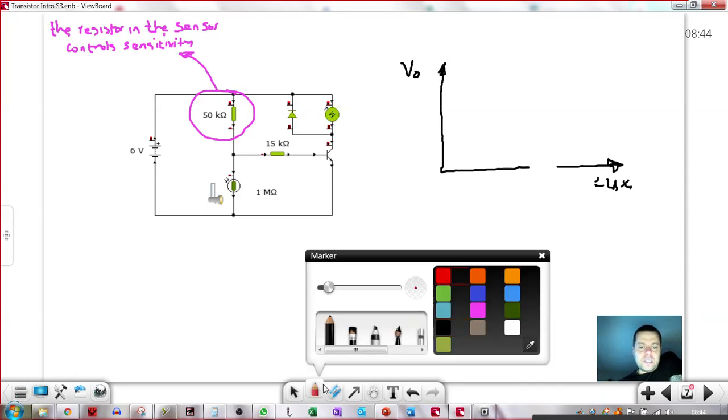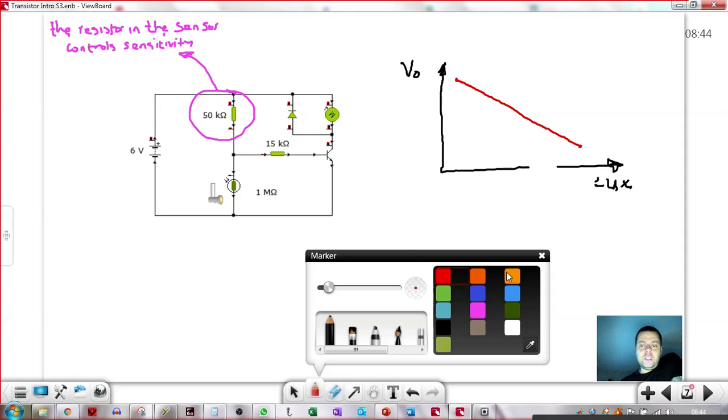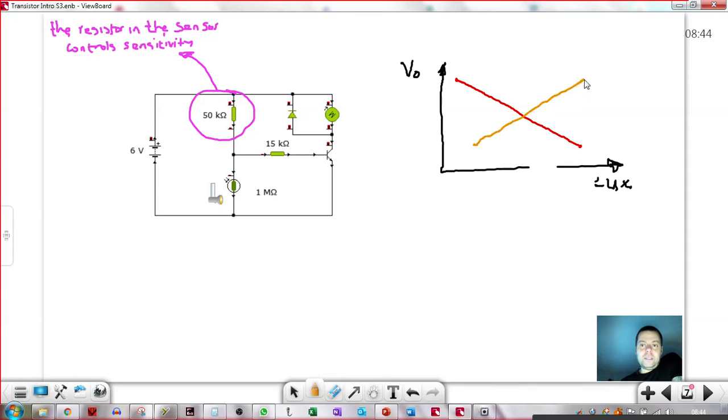If this is a darkness sensor, then we would expect to see a high voltage at low light levels and a low voltage at high light levels. We expect to see it going that way. So that's a darkness sensor. The only thing that tells us that this is a darkness sensor on this graph is the fact that the gradient of the line is going that way. If the gradient of the line was going that way, then it would be a light sensor.